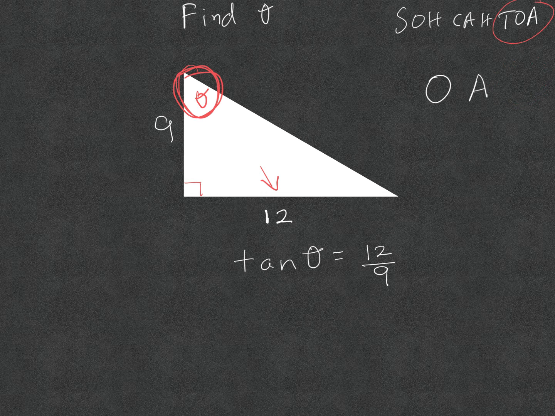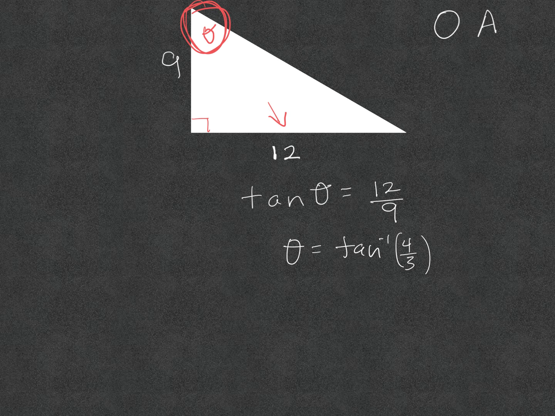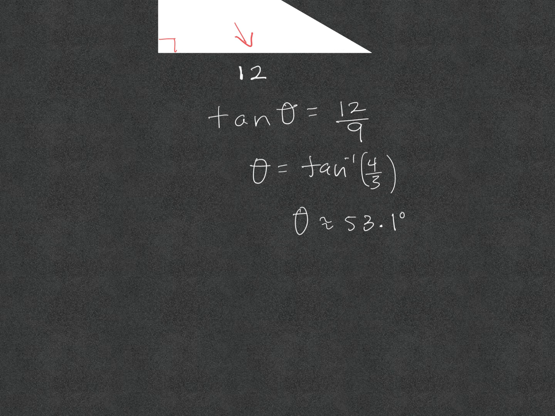Okay? And so get out your calculator, and theta, therefore, is equal to inverse tangent of 4 over 3, right? And when we do that, we're going to get theta is equal to approximately 53.1 degrees, okay? Great.